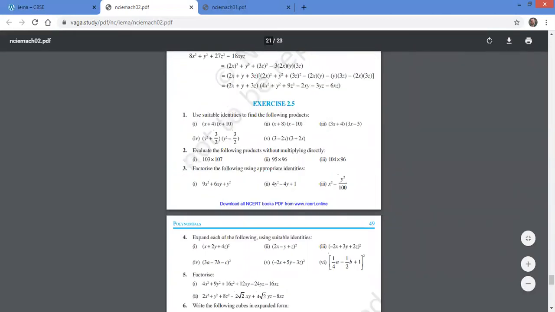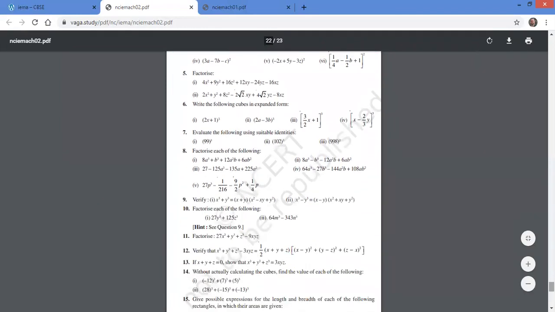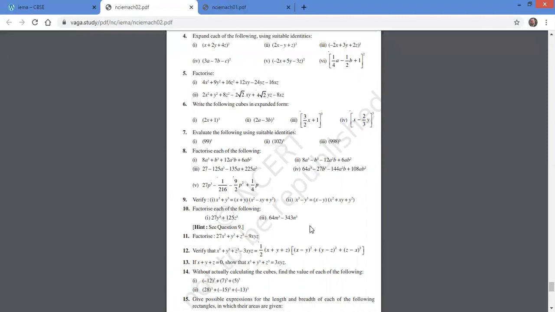When you take out exercise 2.5, you have a question which is based on a cube plus b cube plus c cube minus 3abc. So this is what is cancelled here: a cube plus b cube plus c cube minus 3abc equals (a plus b plus c) in one bracket, (a square plus b square plus c square minus ab minus bc minus ca).